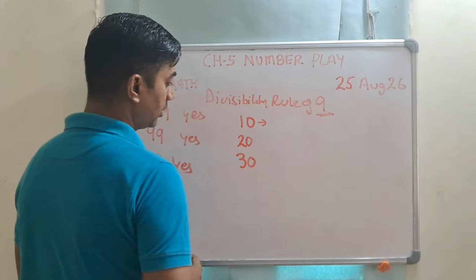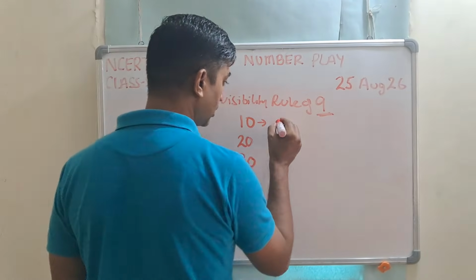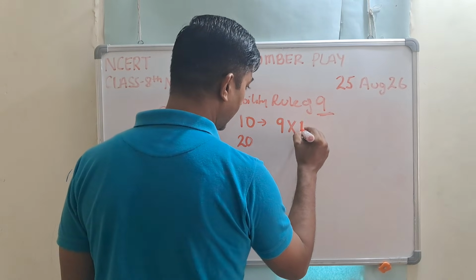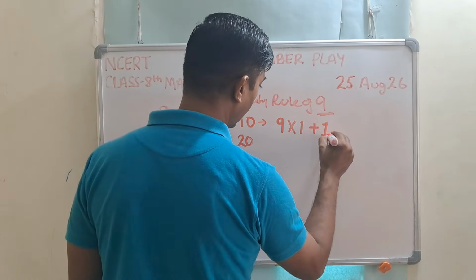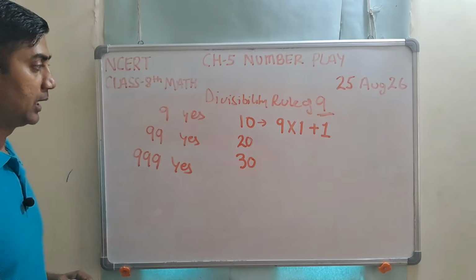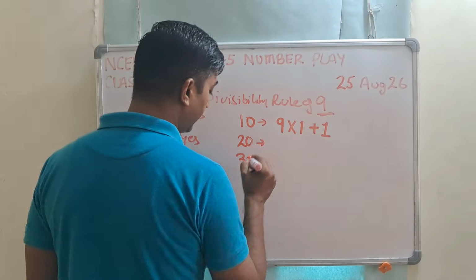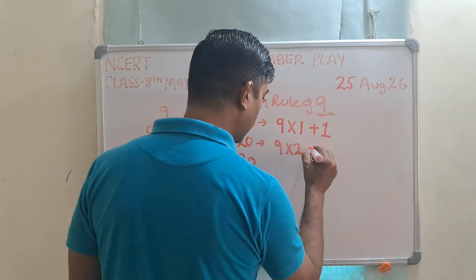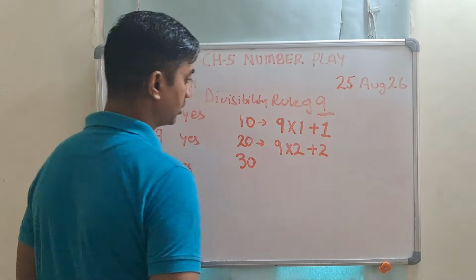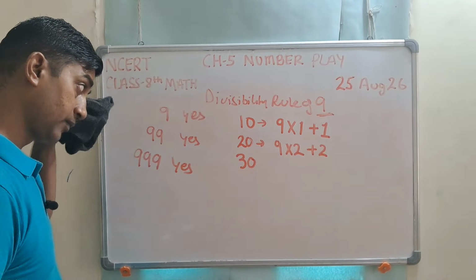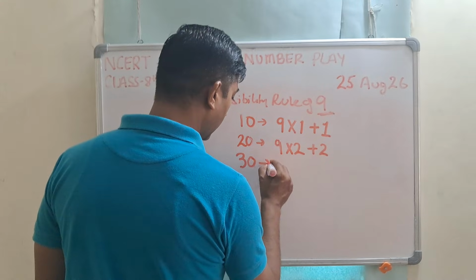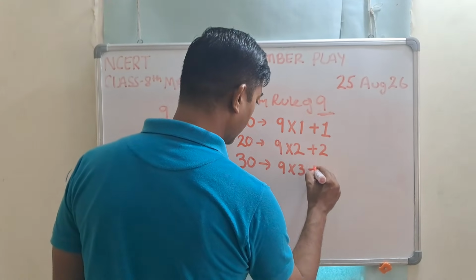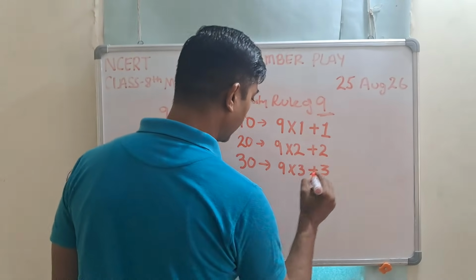Now see, this 10 can be represented as divisor into quotient plus remainder. Understood? And this 20 as a dividend can be represented as divisor into quotient plus remainder. This 30 can be represented as divisor into quotient plus remainder.